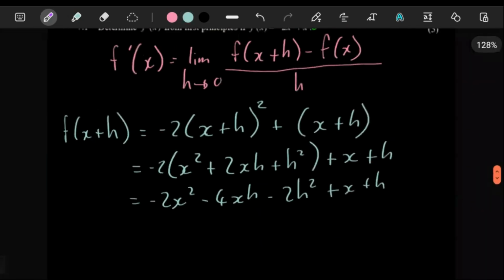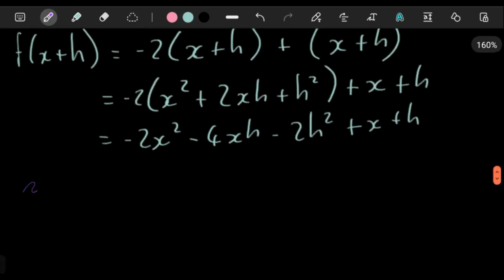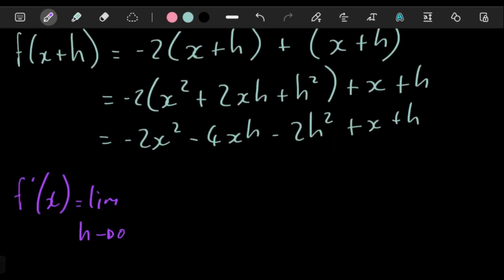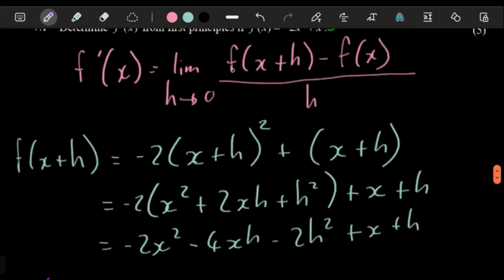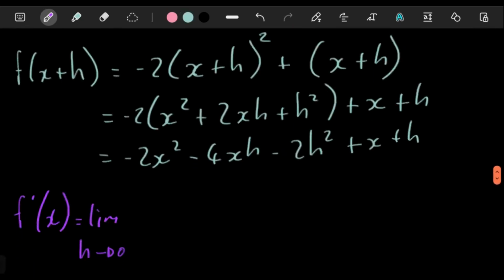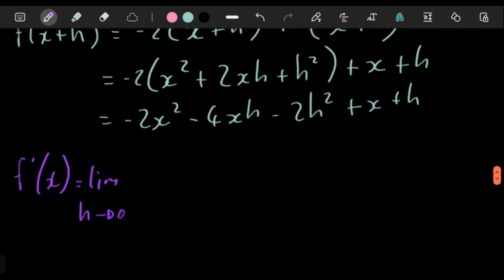But at least you would have done all this separately from your big question. So now you can just carry on in your equation of f prime, where we have your lim h goes to 0. And what we now know is this f(x + h) is just going to be equal to this entire statement here. So you can put the negative 2x squared minus 4xh minus 2h squared plus x plus h.